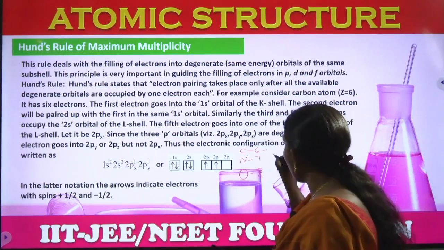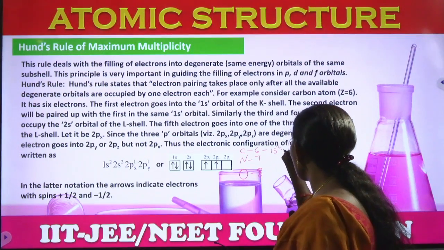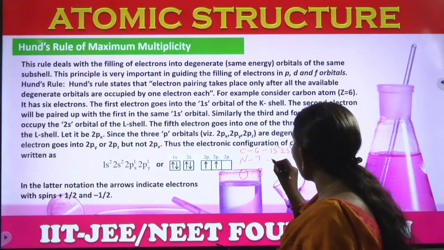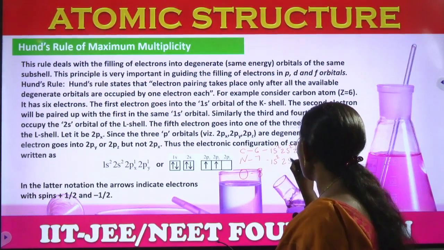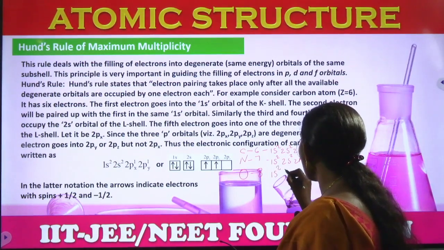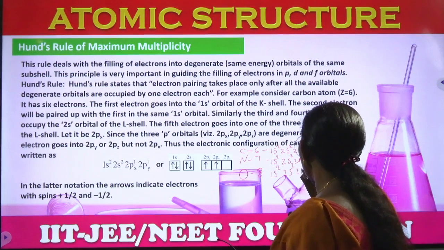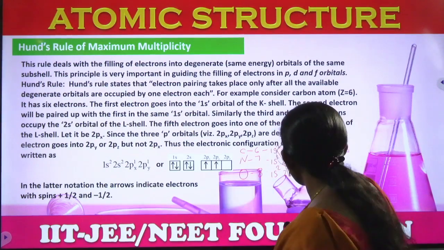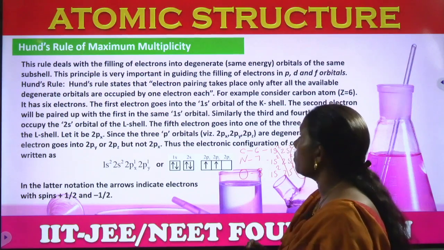The electronic configuration for carbon is 1s2, 2s2, 2p2. For 7, it is 1s2, 2s2, 2p3. For 8, it is 1s2, 2s2, 2p4. The s part we already know, but our topic here is the p, because it has the orientation.